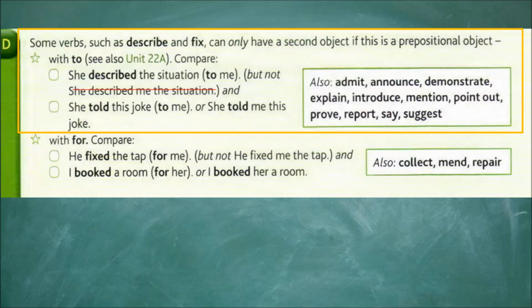Section D. Some verbs, such as describe and fix, can only have a second object if this is a prepositional object. With to, see also Unit 22A. Compare. She described the situation to me. But not, she described me the situation.